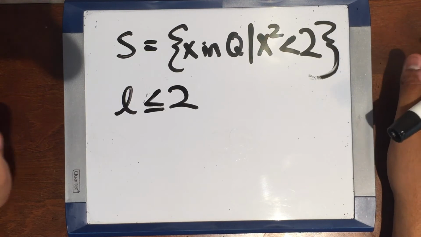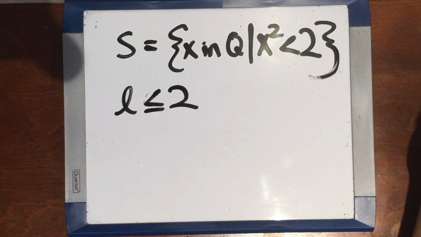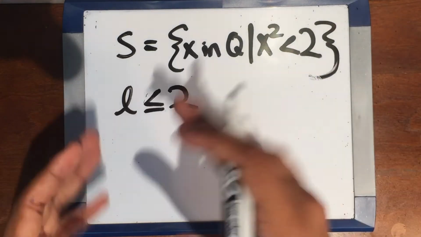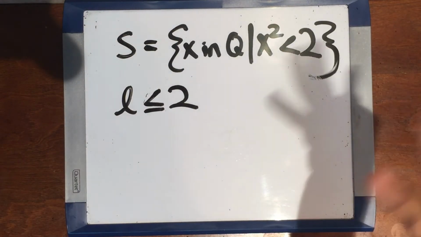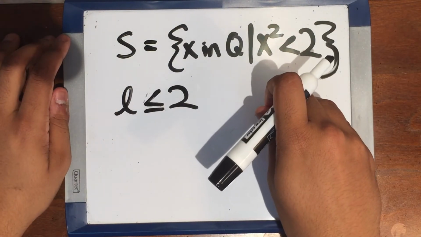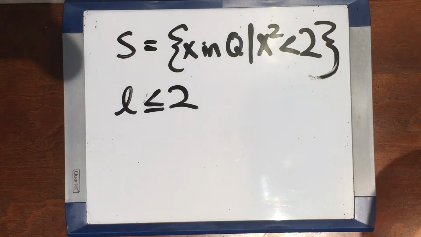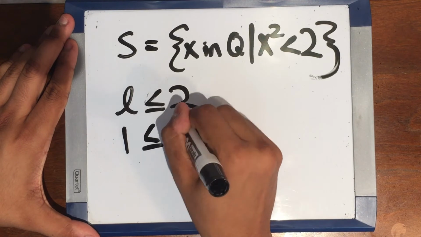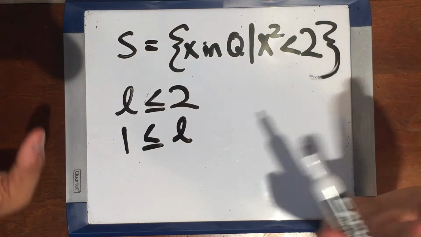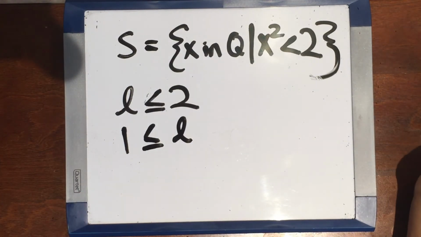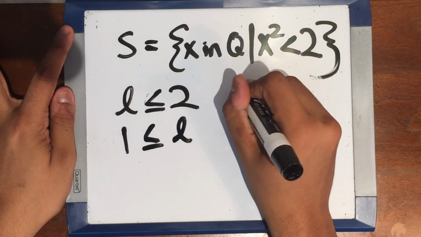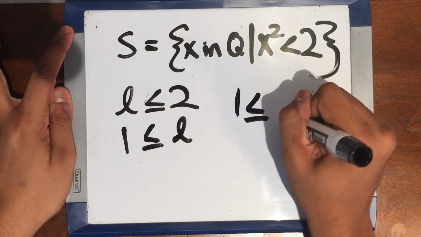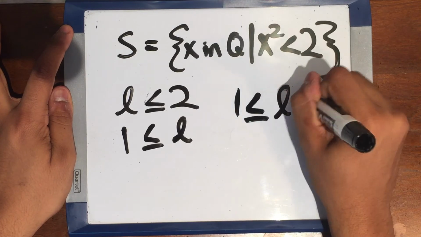And since 11 over 10 and approximately numbers greater than 1 clearly exist in this set, we can just, for the purpose of argument's sake, say that 1 is less than or equal to L. So if there did exist a least upper bound, it would probably be somewhere between 1 and 2.